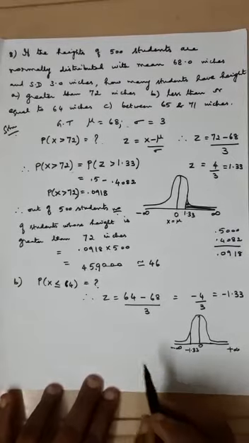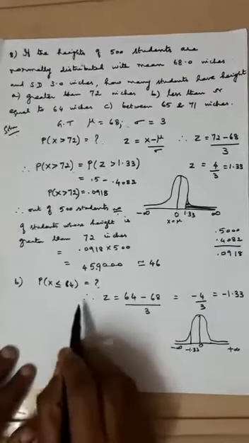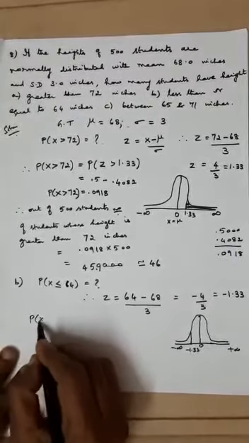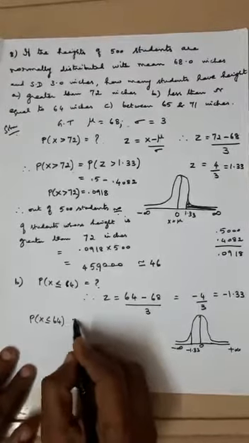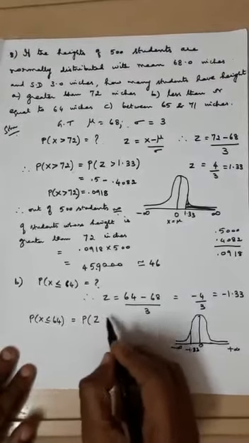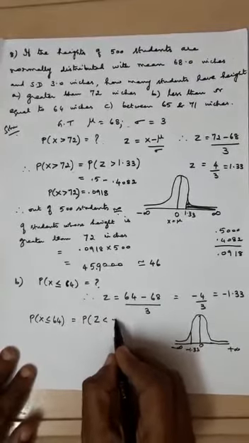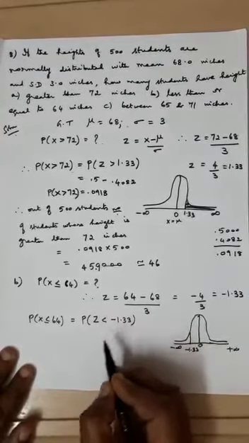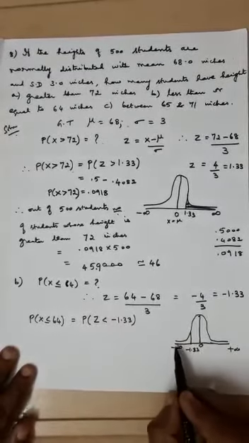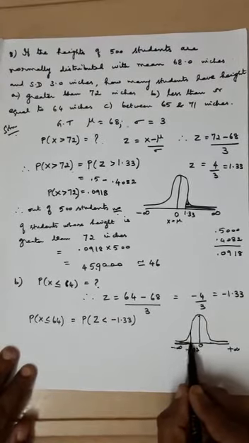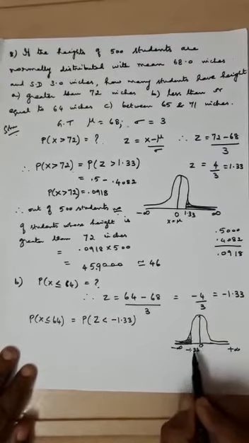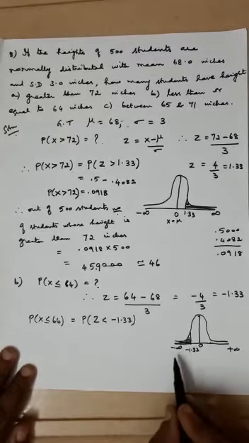Now we want P of X less than or equal to 64, which is equal to P of Z less than minus 1.33. Less than means to the left.